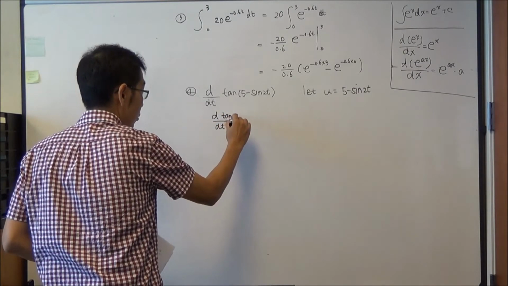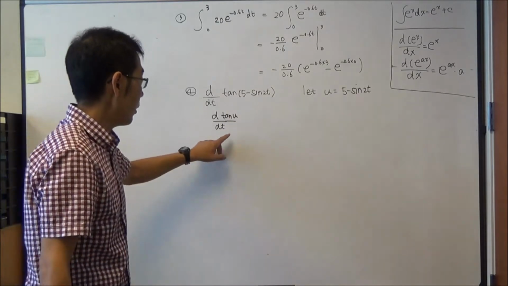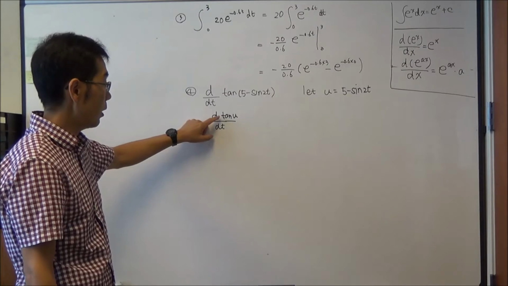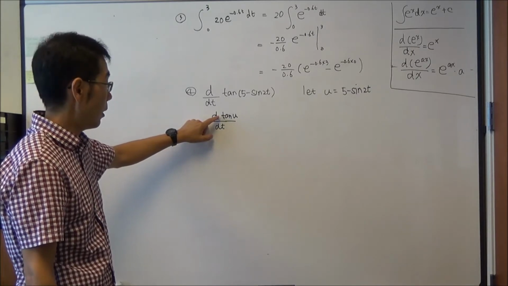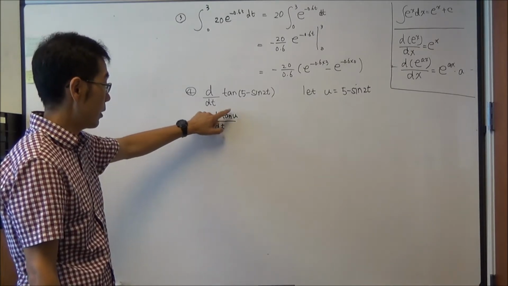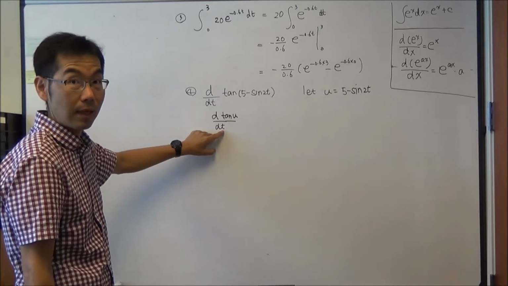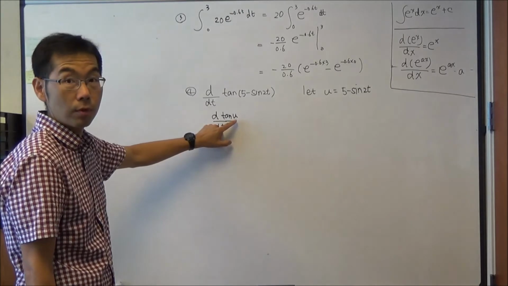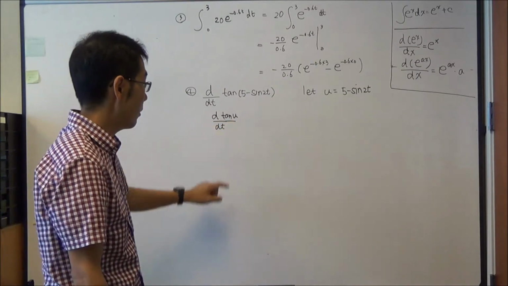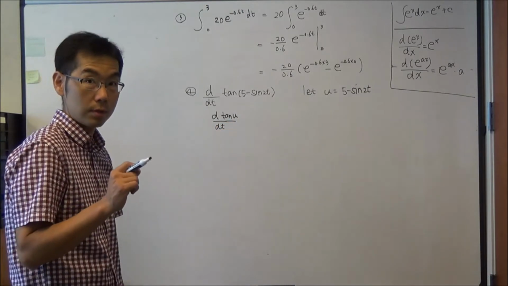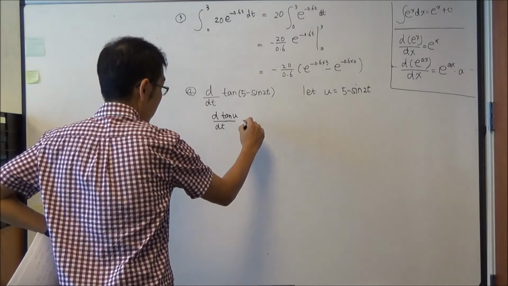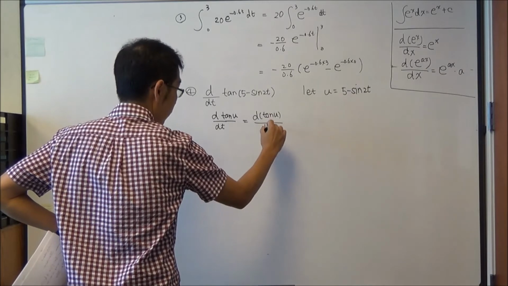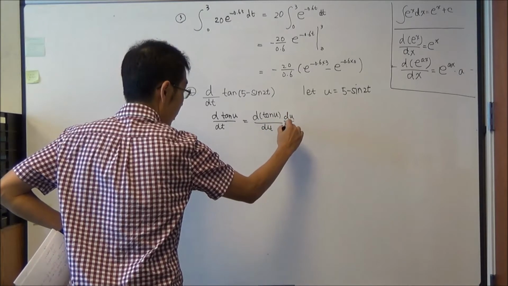So this is tangent u. But right now, I want to take a derivative of this tangent function with respect to time. But this tangent has only the function of u. So that's why I want to use another chain rule, which means I want to use d tangent u over du, and then du over dt.